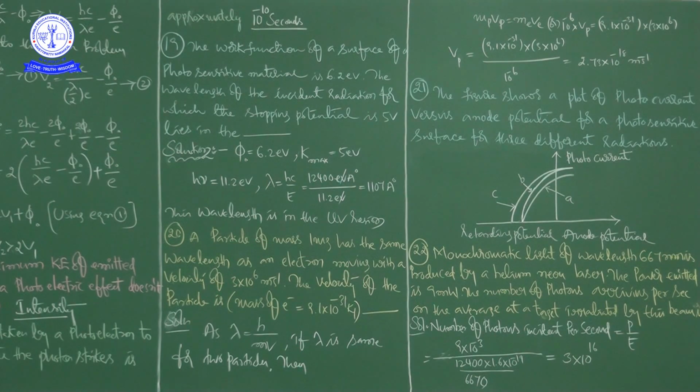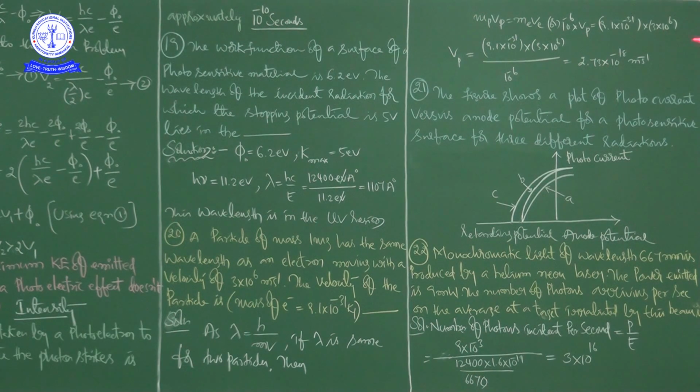For problem number 20, lambda is equal to h by mv. Here, when lambda is constant and h is constant, you can write mp into vp is equal to me into ve. The mass of this particle they have given is 10 to the power of 1 milligram. If you convert into kgs, it is 10 to the power of minus 6 kg into vp.